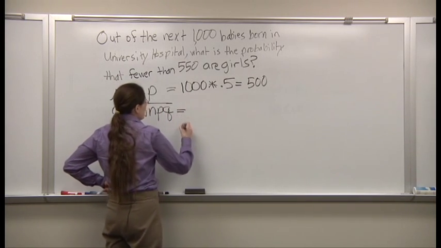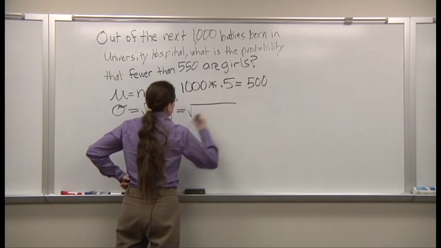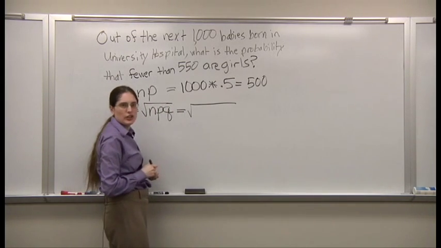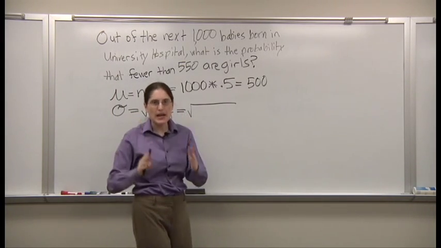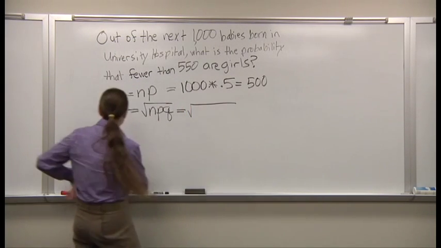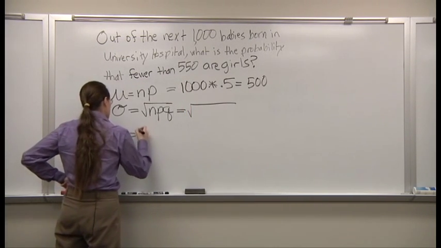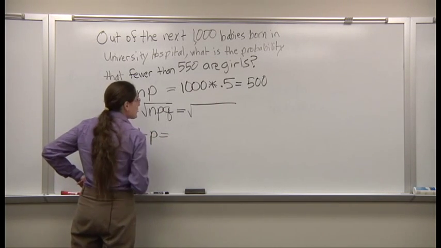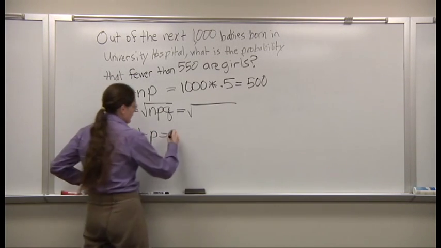The standard deviation is the square root of NPQ. What's Q? Q is 1 minus P. Here, it's also 0.5.